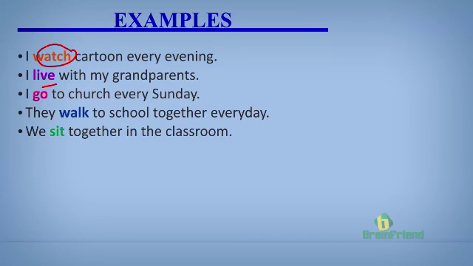I go to church every Sunday. What do I do every Sunday? I go to church. They walk to school together every day. We sit together in the classroom. That's the present tense, talking about things that we do regularly or repeatedly.